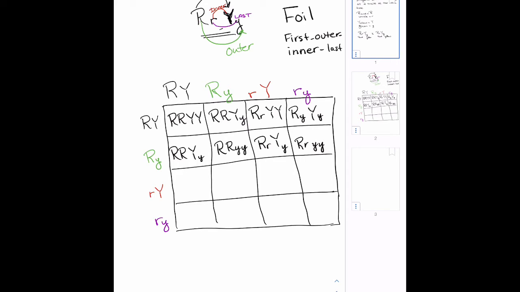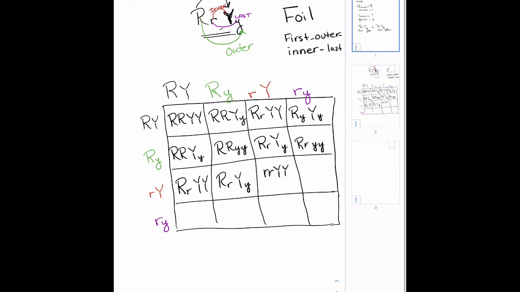And then capital R, lowercase r, capital Y, capital Y. Then again, capital R, lowercase r, capital Y, lowercase y. Next, I'm going to have lowercase r, capital Y, capital Y.